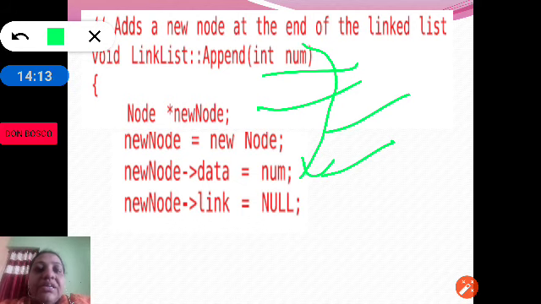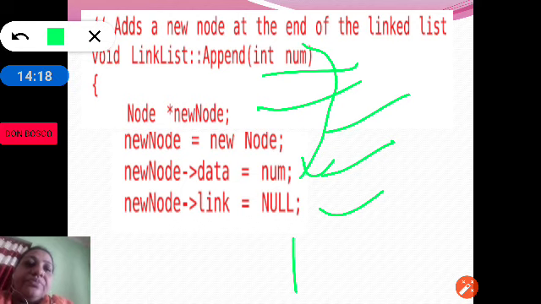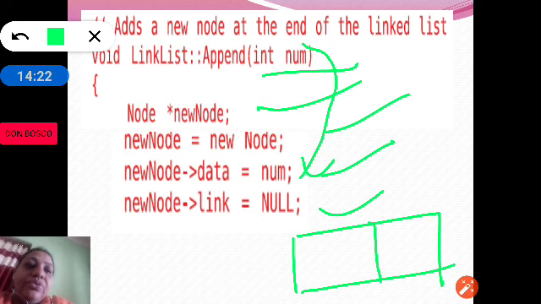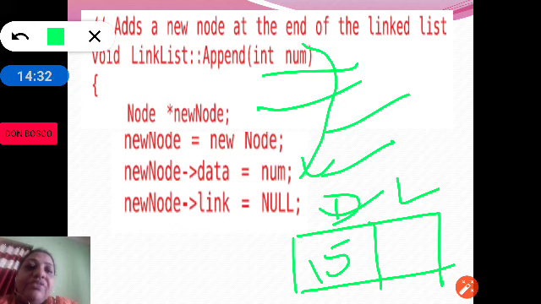New node's link is null. First we are making a node. So the new node will have two parts, D and L, data and link. In data we are storing num. Num can be, for example, assume we have given 15, and link will be null.